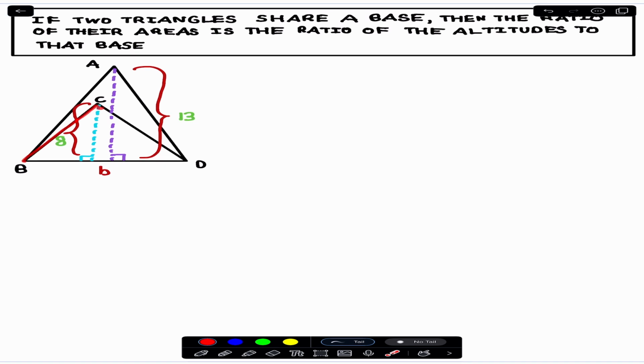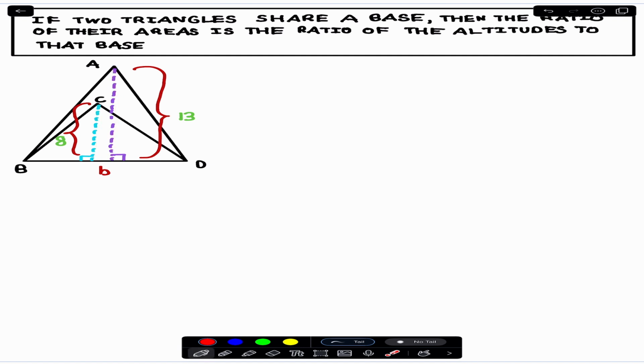You can see we have two triangles, BCD and BAD. And they both share a base here, right? BD, which I've gone ahead and labeled b. So the height of triangle BCD is 8, and the height of triangle BAD is 13.